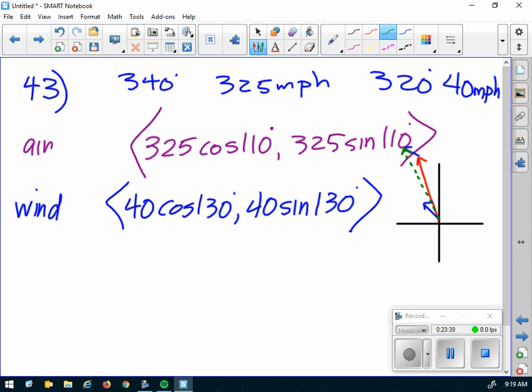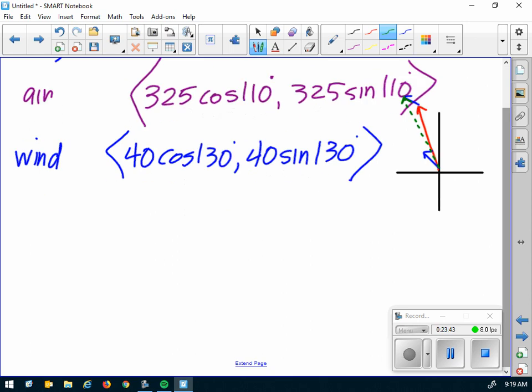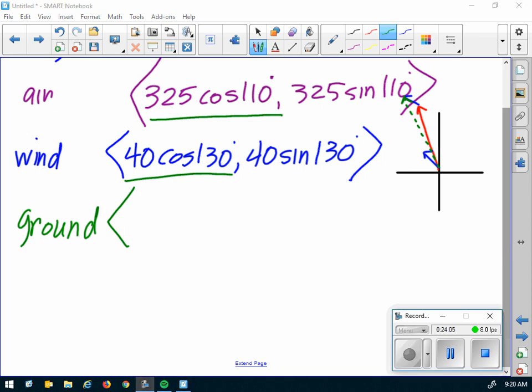Now, here's what you're going to do. You're going to take your calculator. Ground. The horizontal component of that green vector is this plus this. On your calculator, I want you to add those and do not erase what you get. Give me a number.